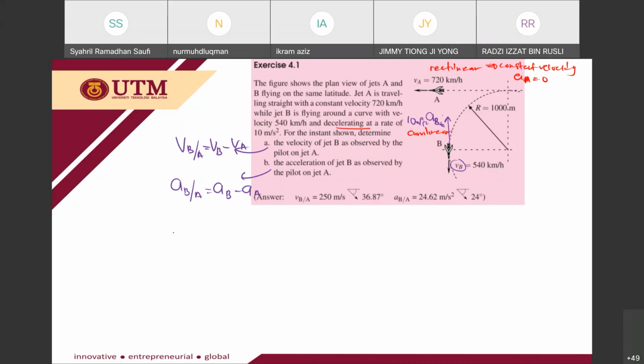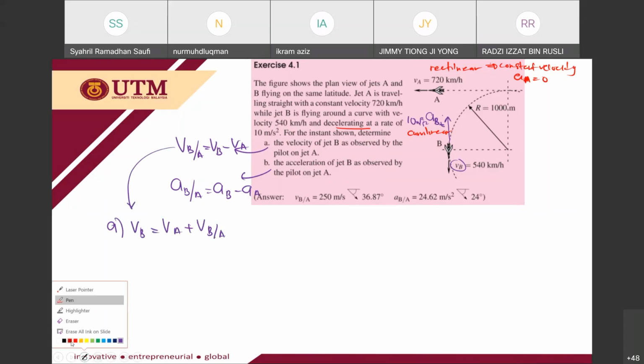So we go on to the first question, question A. I rearrange this equation and I get VB is equal to VA plus VB relative to A. Here I need to change the units.